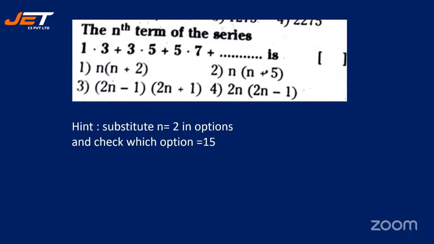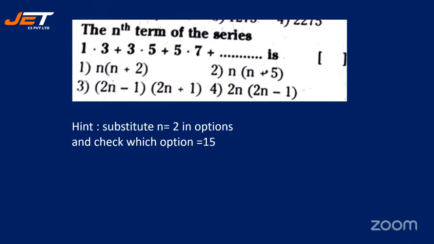The nth term of the series 1 into 3 plus 3 into 5 plus 5 into 7 and so on is dash. Here they say substitute n as 2 in the options and check with the option whether it is 15.